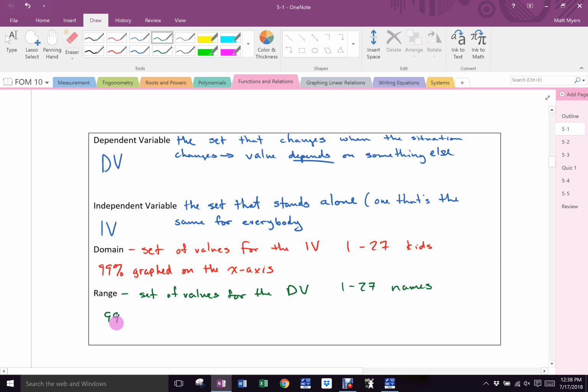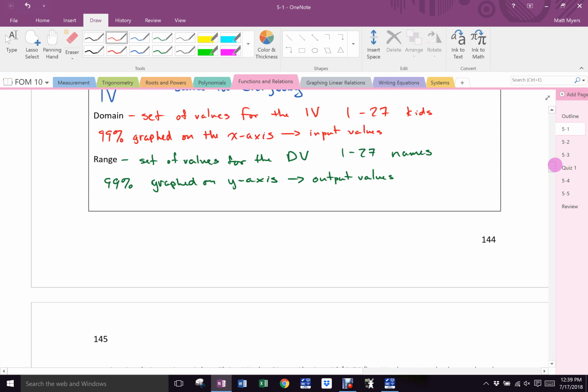And 99% of the time it is graphed on the Y. The domain is usually where we get our input values, and the range are our output values. I'm sorry there's so much vocab here, ladies and gentlemen, but it's just the way it is.